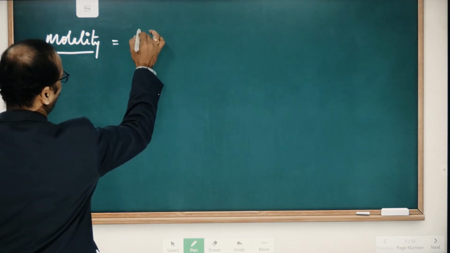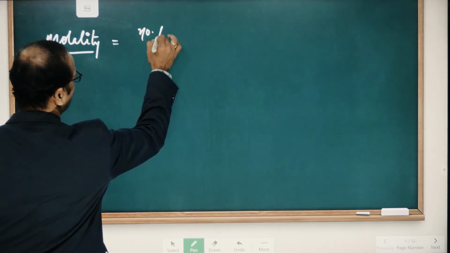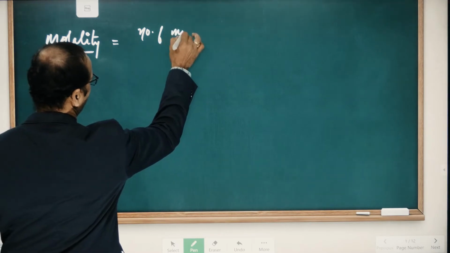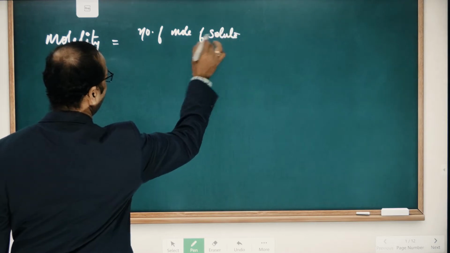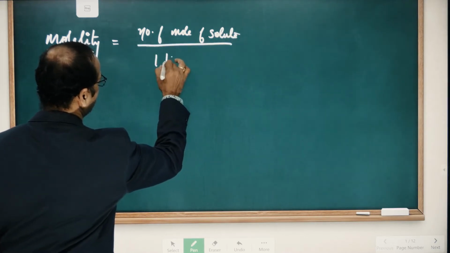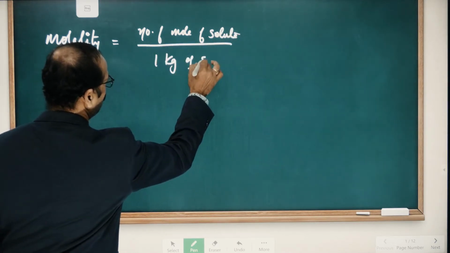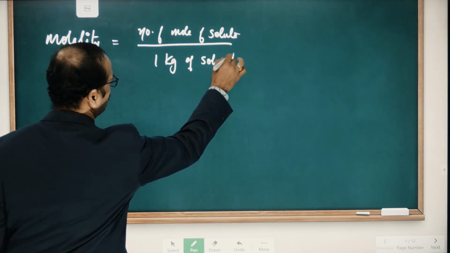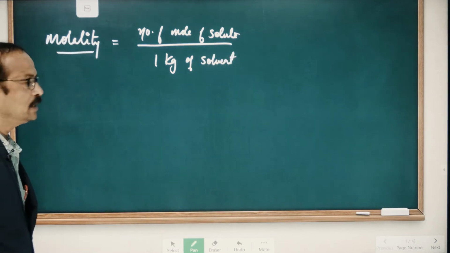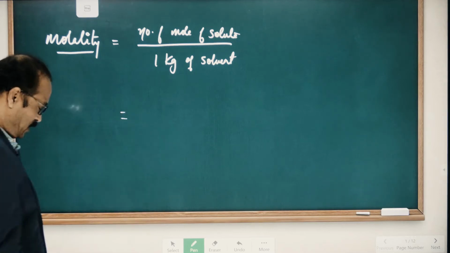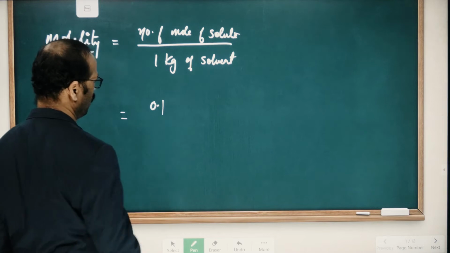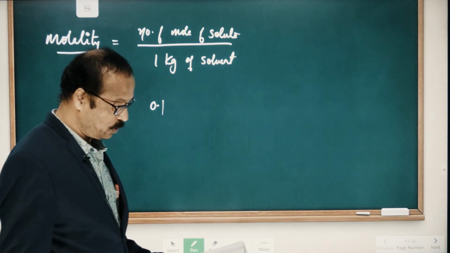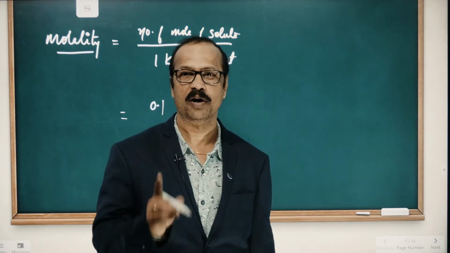Molality is equal to the number of moles of solute by 1 kg of solvent. This is the formula, right? So in place of the number of moles, what is given? 0.1 is given. And here, what is given? 100 grams of water is given.